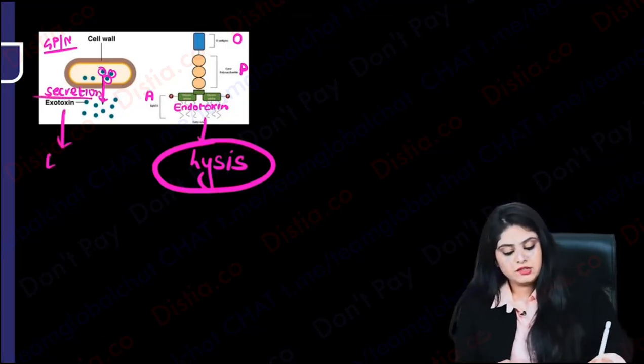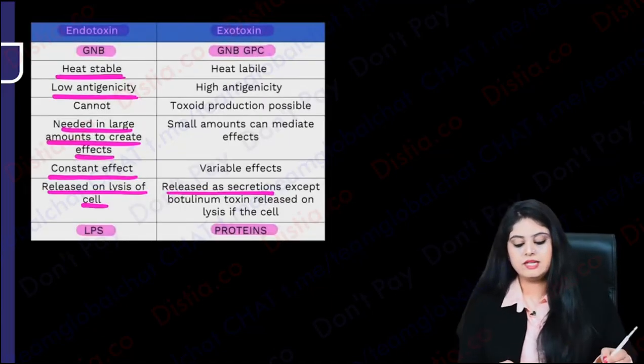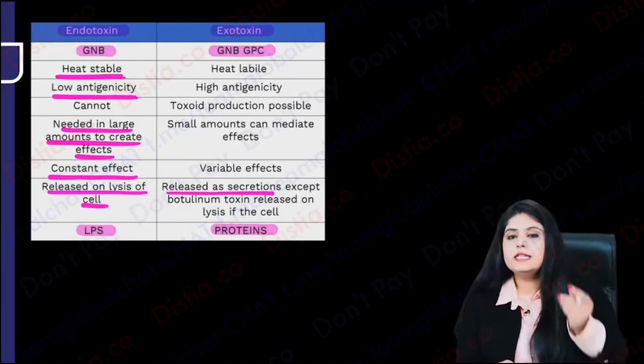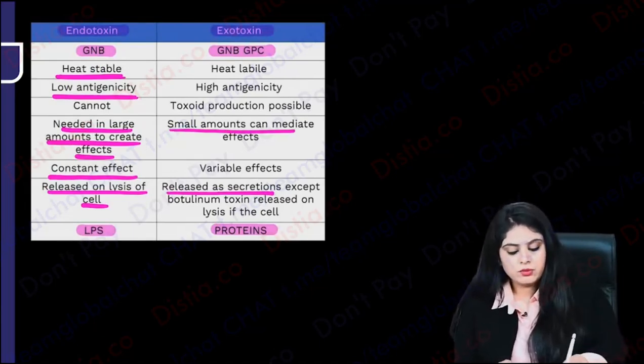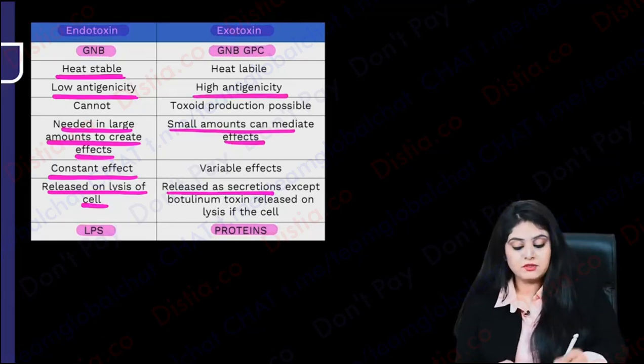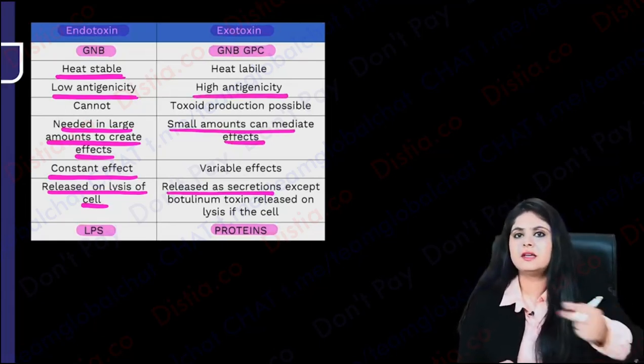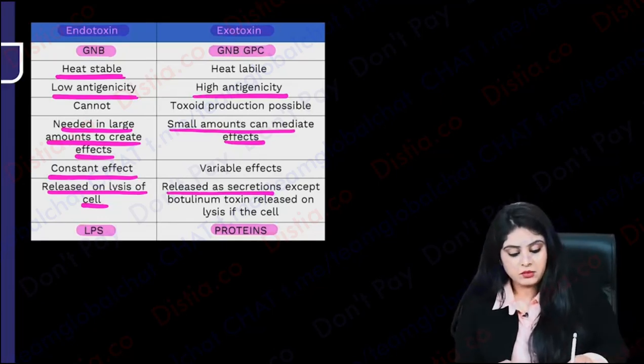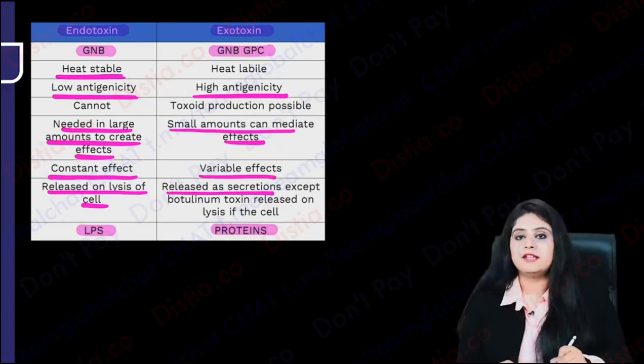It doesn't need any lysis or anything. Little amounts are also going to produce a lot of effects, because it is very antigenic. It will just exit and create a lot of effects, and every time it creates a variable amount of effect.